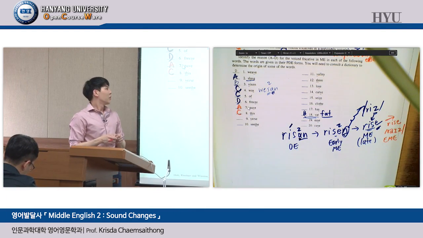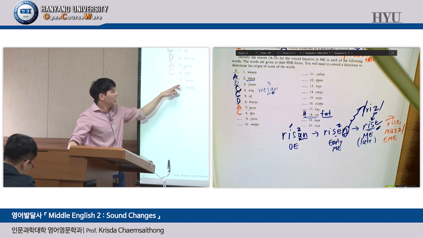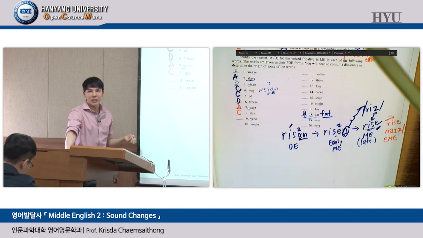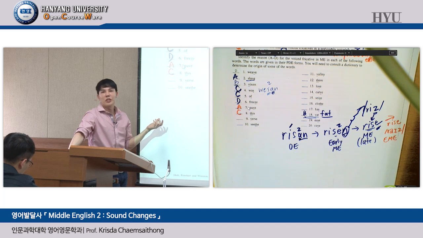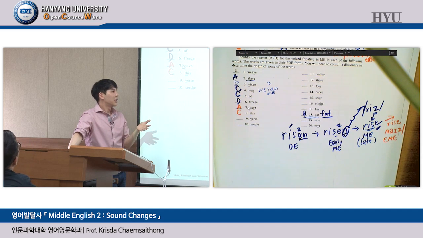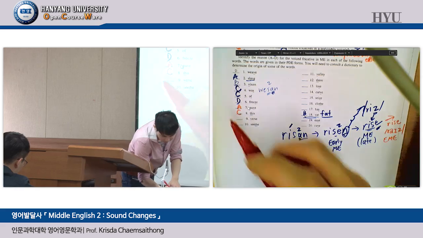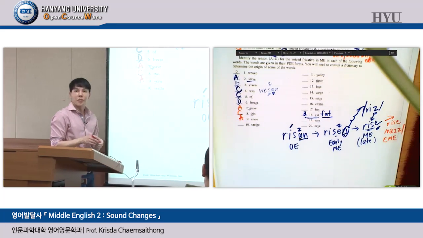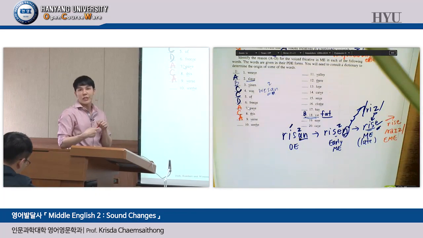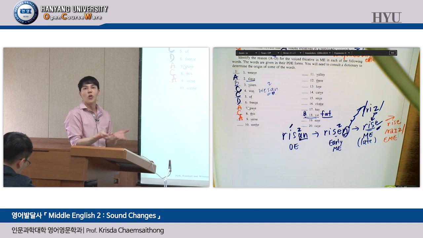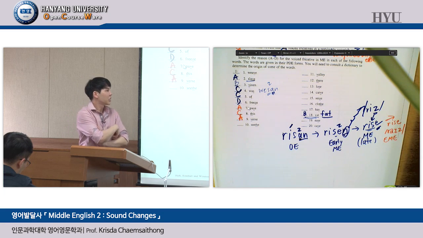Number 9, the word verse. In the initial position, and it's a noun, we usually credit this to French borrowing, right, which is A. And verse is a term that didn't exist in Anglo-Saxon, so we borrowed it as a whole package from French.